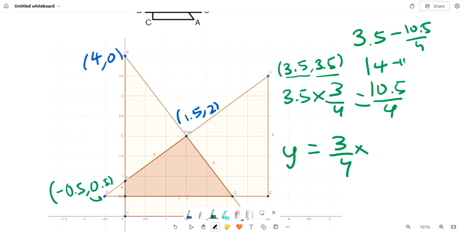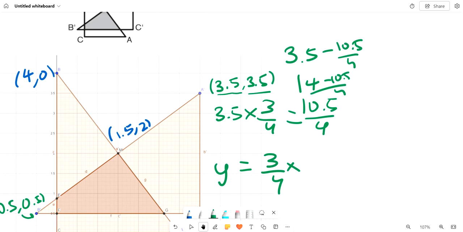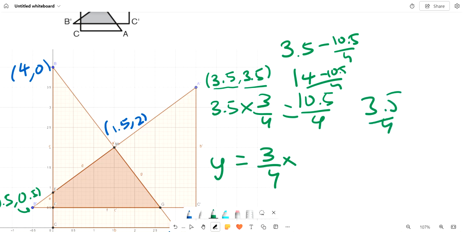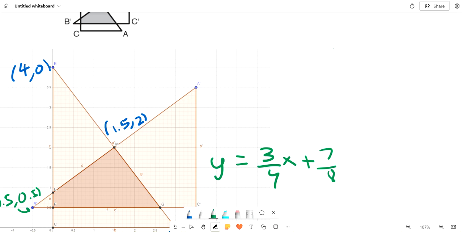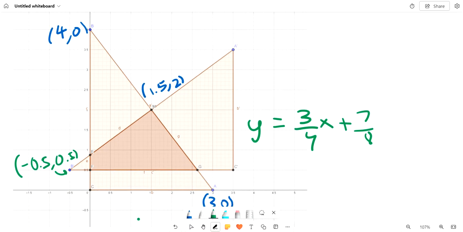So 14 minus 10.5 over 4, and we find that it becomes 3.5 over 4, which is just equal to 7 over 8. So it's just plus 7 over 8 here. Well, no, we already found point E because it's just the y-intercept. So we have this as 0, 7 over 8.